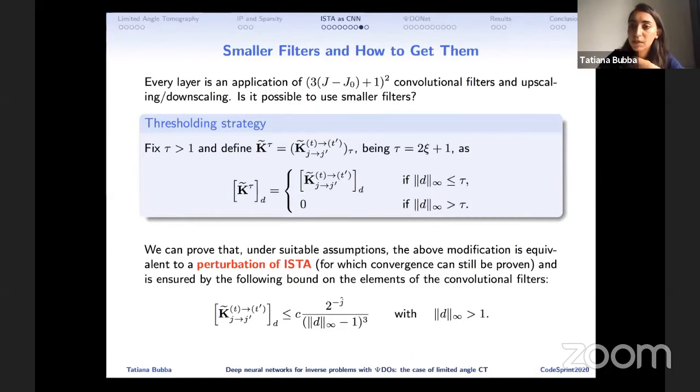The convergence can still be proven by using the ISTA convergence properties, and finding a bound on these elements is not difficult, using some properties of the wavelet basis. Okay.